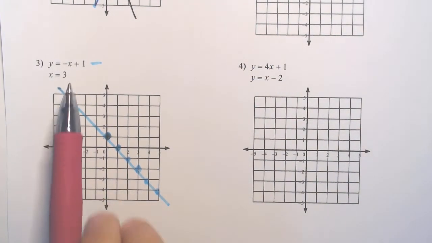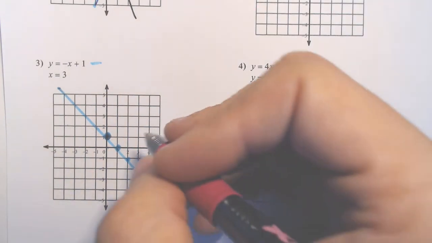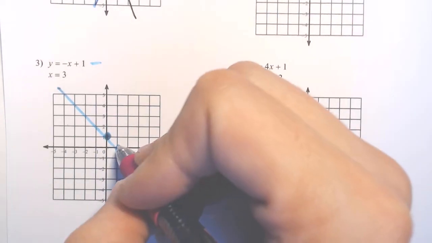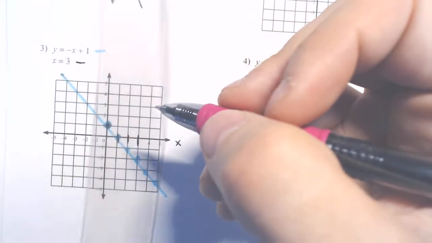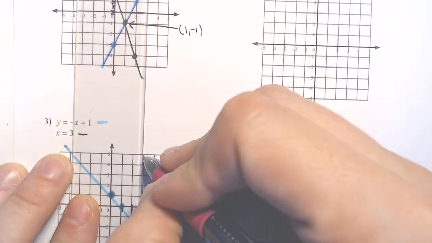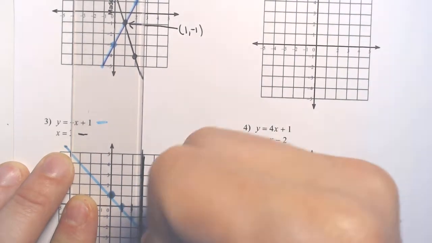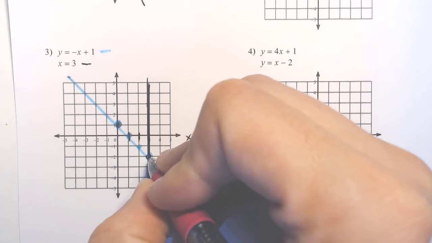And then we got x equals 3. Well, x equals 3 is not a y equals mx plus b equation, but it is an x equals, so we're going to go to the x line and find 1, 2, 3, and it would be going straight up and down here. So I'm going to try and highlight it straight up and down. And where do they intersect?